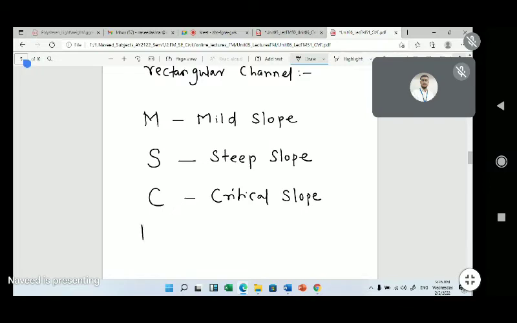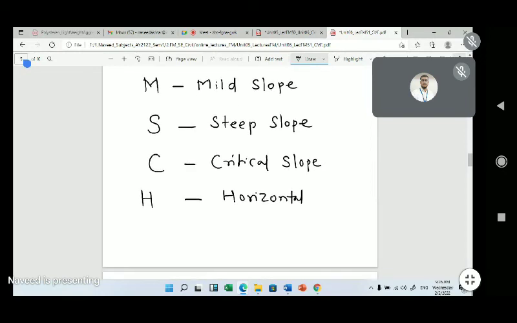If your bed is horizontal, we say horizontal. And if the bed slope is reversed, we call it adverse slope, where the slope is opposing the direction of the flow.